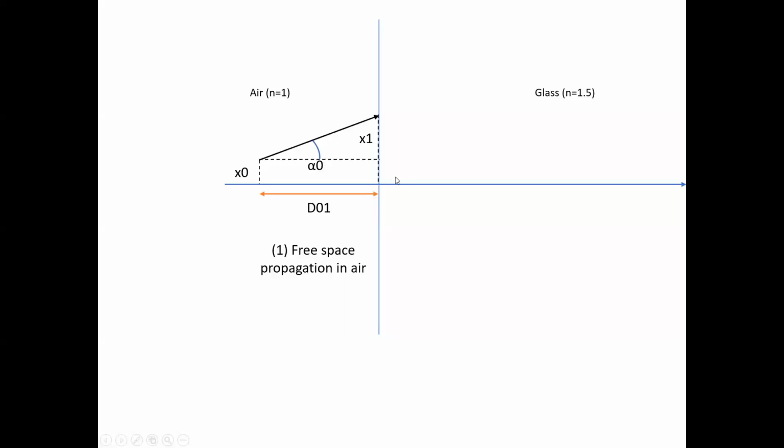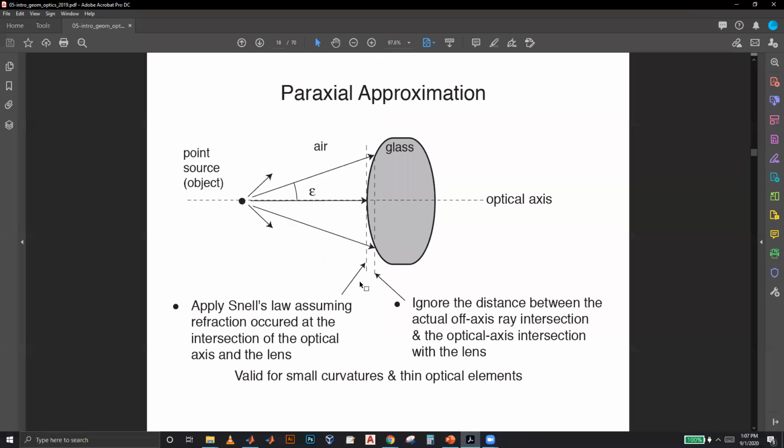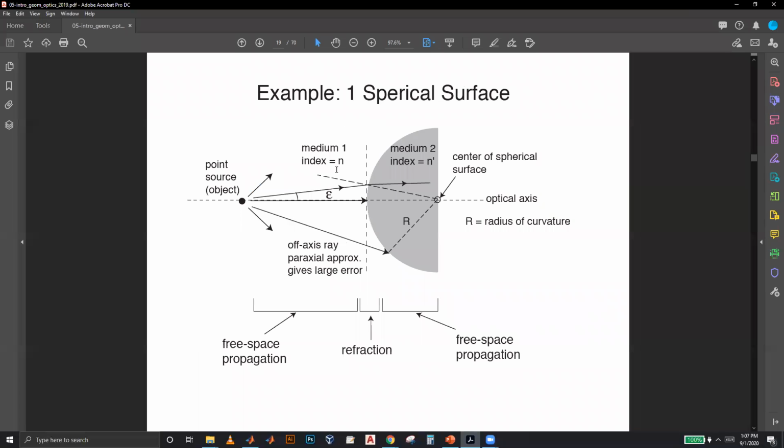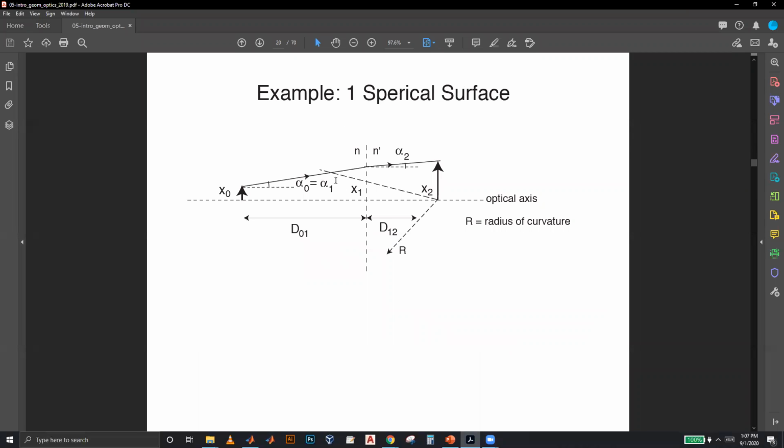Now we will analyze what happens to the light ray in free space. What are the equations that govern the behavior of light traveling in free space? That is what these next slides are going to talk about.